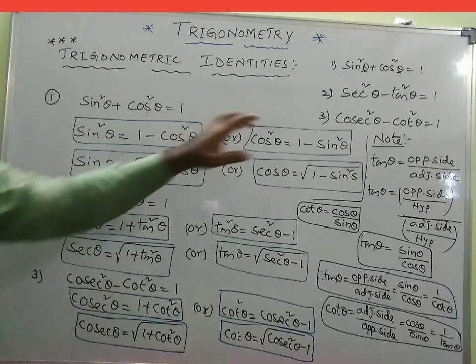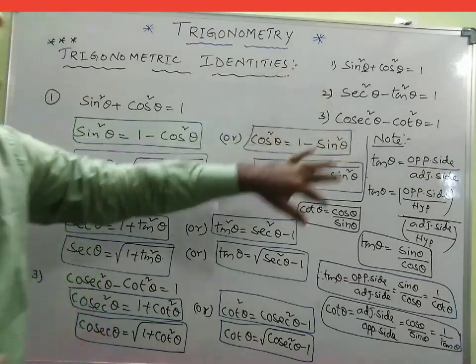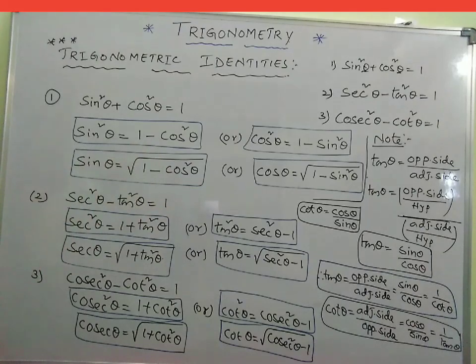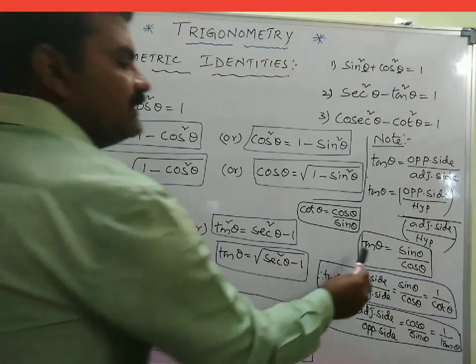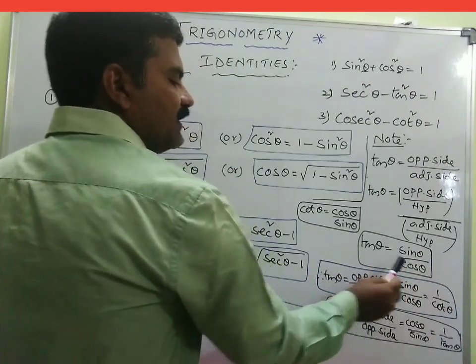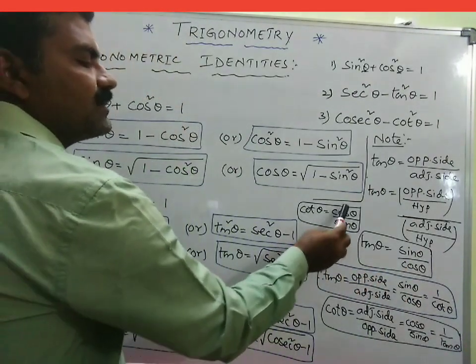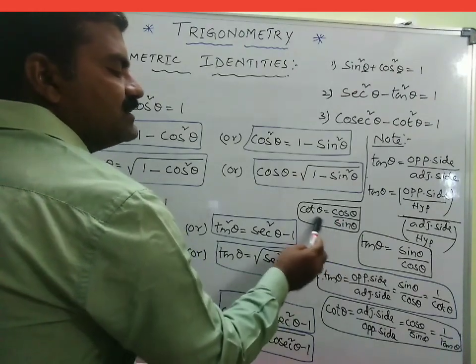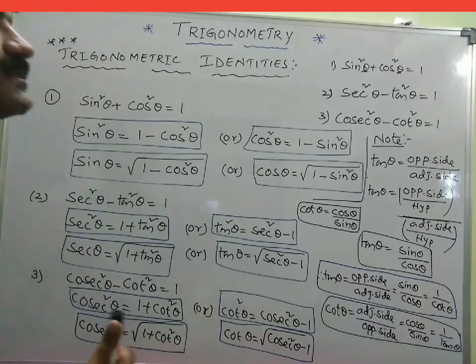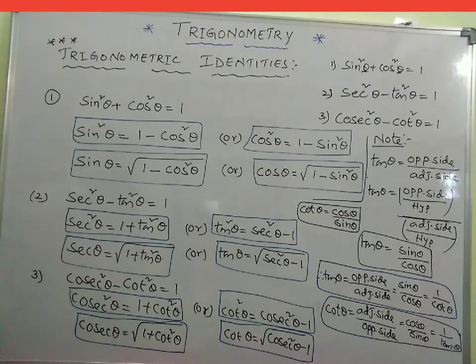So if you remember these three identities, almost 3 into 4, nearly 12 formulas you can frame from this. And please note that tan theta is nothing but sin theta by cos theta, and cot theta can be written as cos theta by sin theta, because these two are reciprocals and multiplicative inverses of each other.